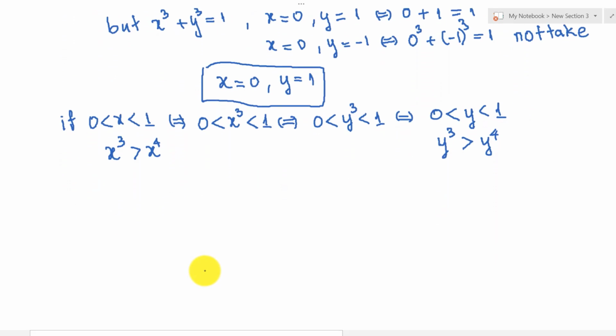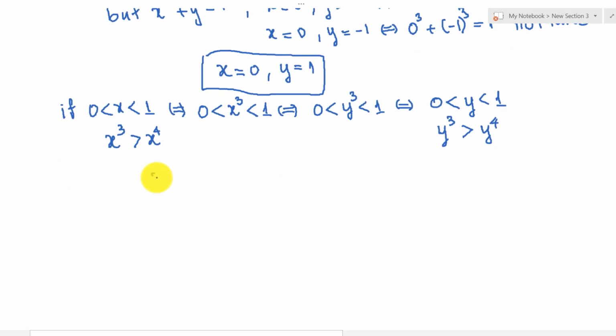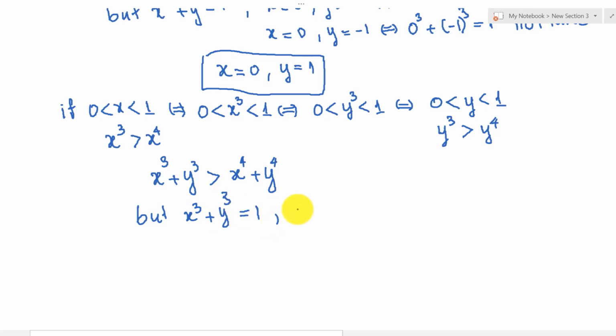Okay, from this we get x^3 + y^3 is bigger than x^4 + y^4. But x^3 + y^3 is equal to 1, and x^4 + y^4 is equal to 1.